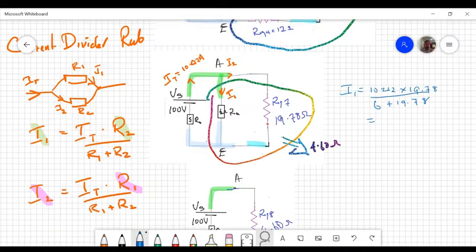I get 10.42 times 19.78 divided by 6 plus 19.78.